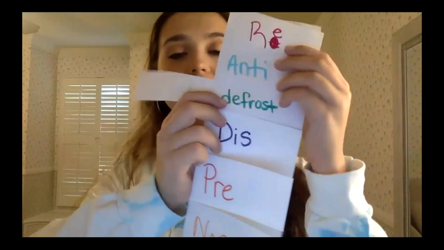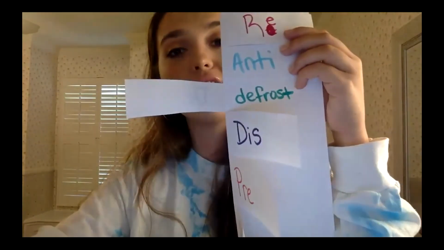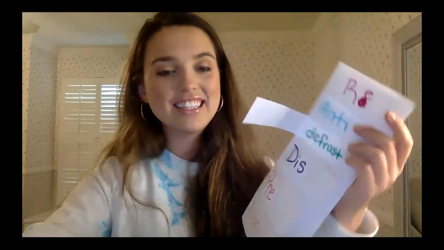All right, now let's talk about de, D-E. The definition for de is opposite. And we said defrost. So let's continue on with that one and just write that as our example. Defrost. All right, right there, you can see we have defrost. Great. Moving on to dis. Dis means not.